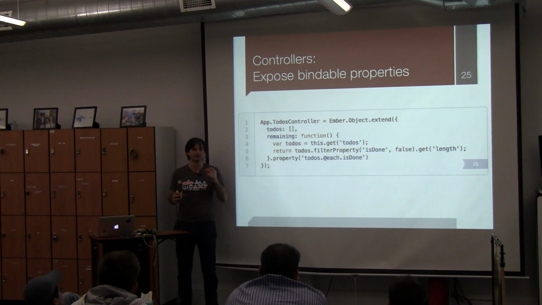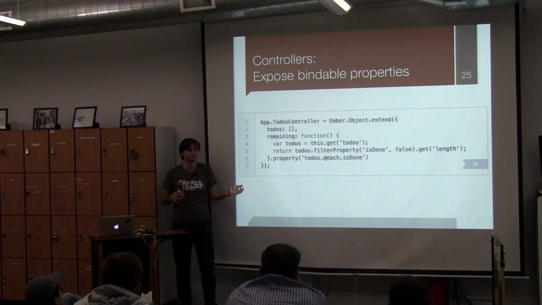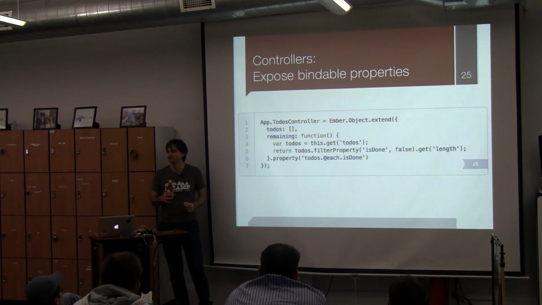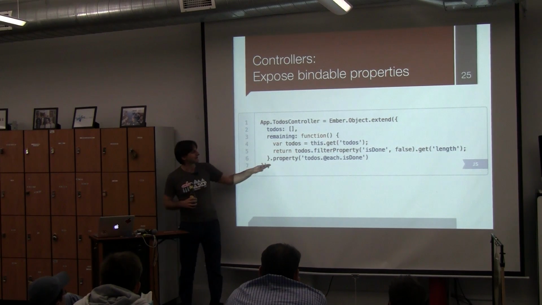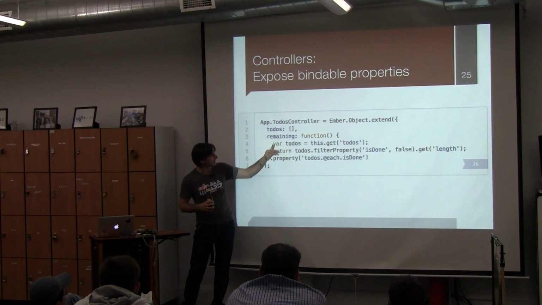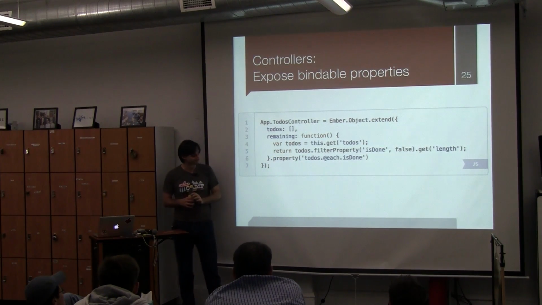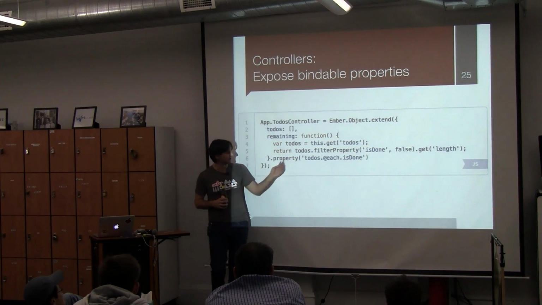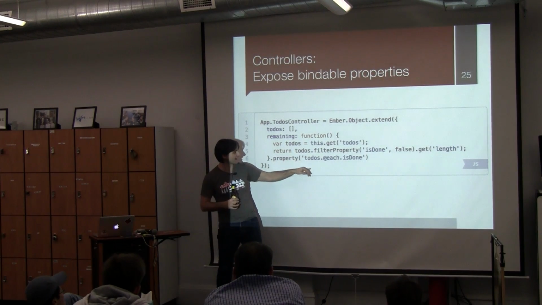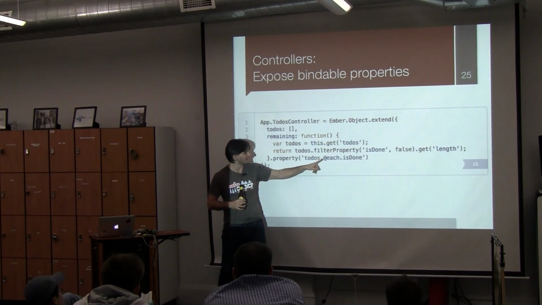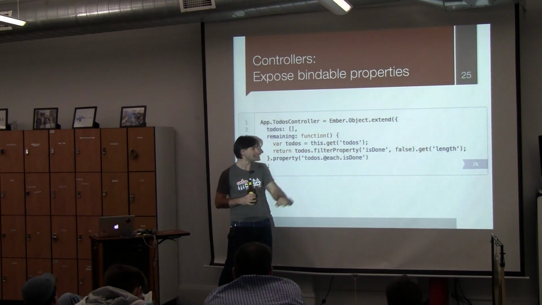We don't want to just be running this over and over again every time the user moves their mouse on the screen. And so what we say is we call property on this function, and we say it's dependent on this property path. You'll notice that this is a chained property path. It's to-dos, and then a reference to each element in the to-dos array, and then to the isDone property.